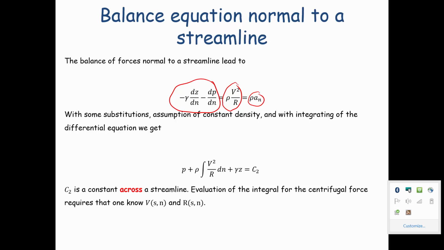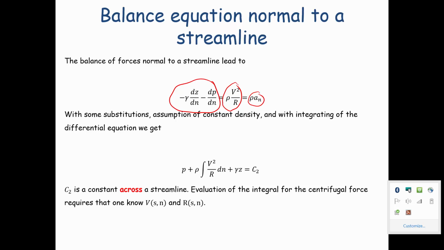If the streamline is straight, then r is infinite, and that rho v squared over r will be 0. There will be no acceleration. But if there's a curvature to the streamline, then the acceleration will be non-zero, because r becomes smaller and smaller as the bending in the streamline becomes greater and greater.